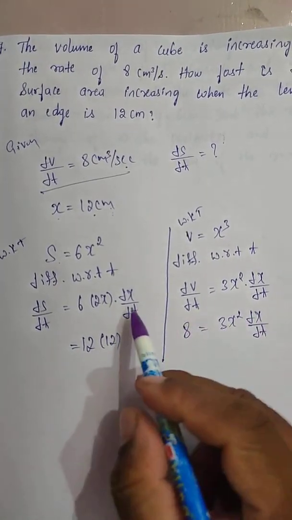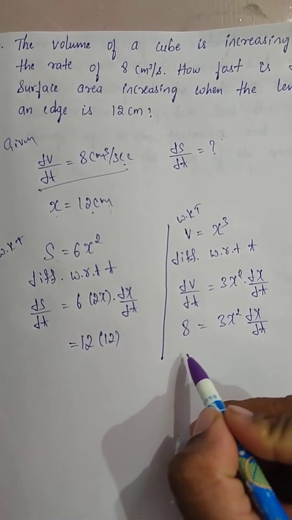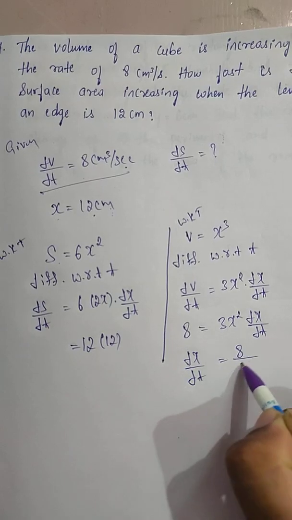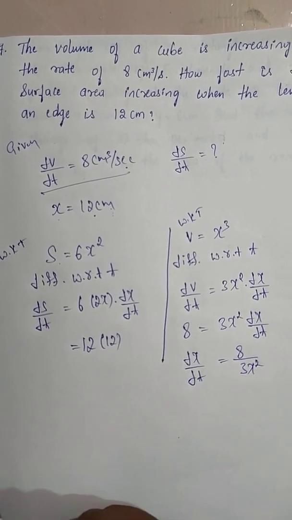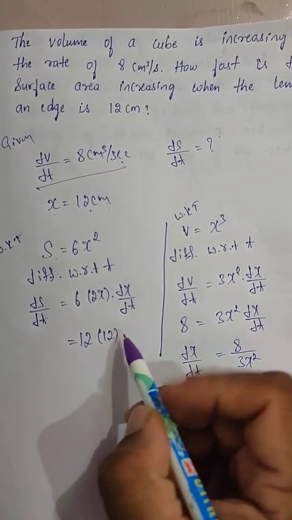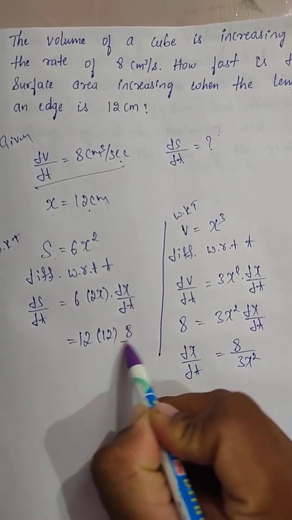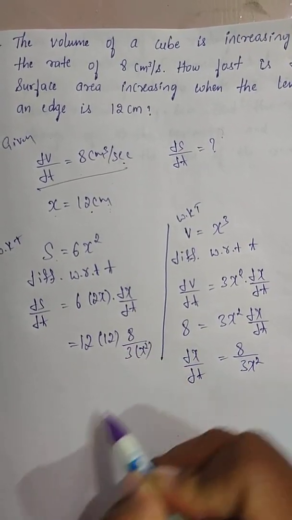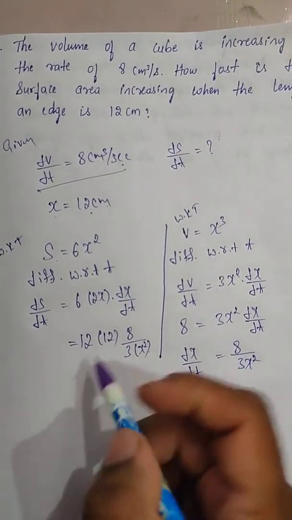So here we need dx by dt. Is it right? So dx by dt is equal to 8 by 3x square. Now what is x? x is 12.